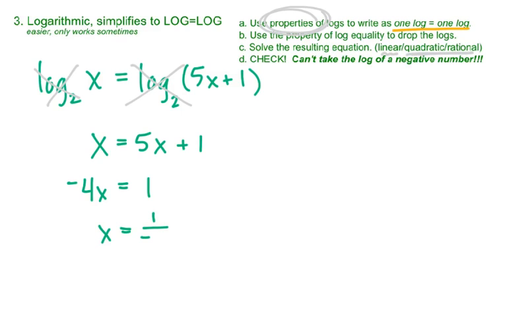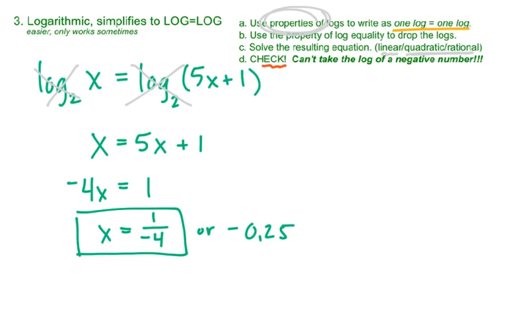X equals 1 over negative 4. So this is my final answer: x equals negative 1/4 or negative 0.25. And I'm done. Well, not quite, because we do need to remember to check.